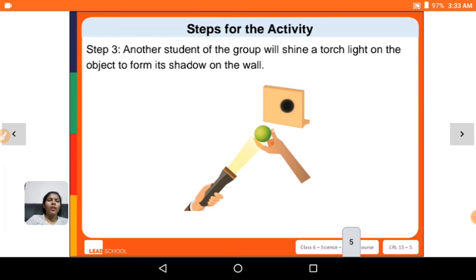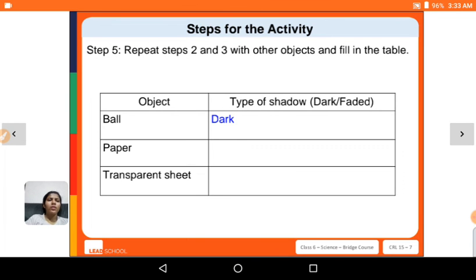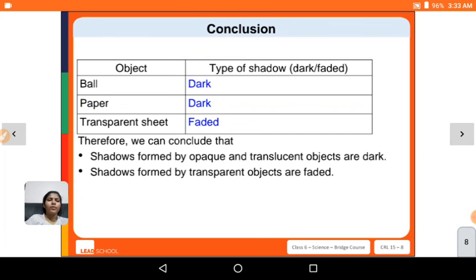If we do like this, then a dark shadow is formed. So the ball forms a dark shadow. Now second, paper. In paper also we can see that there will be a dark shadow. In the transparent sheet we can see that the shadow is faded.